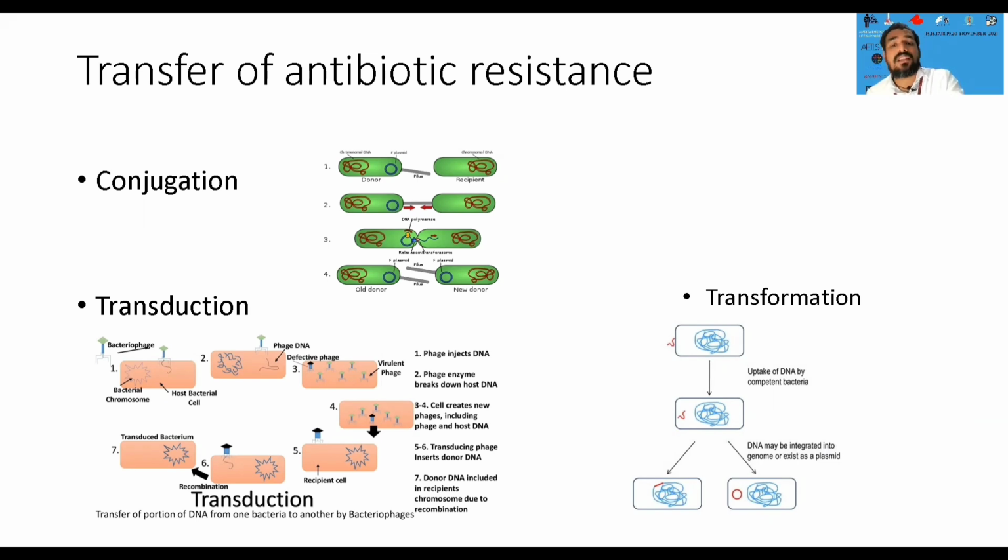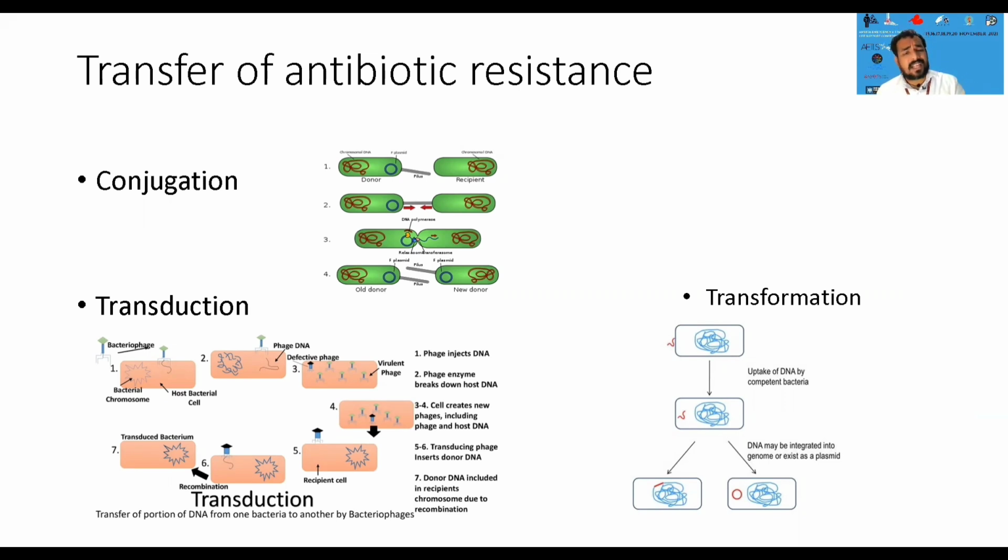Actually, a replica of the plasmid is transmitted to the second bacteria. So you can see in the last figure, both the old bacteria as well as the new bacteria have resistant plasmids. From this picture, we can understand that once the resistance mechanism starts somewhere, even without the continued presence of the antibiotic, the resistance can spread from one bacteria to the other.